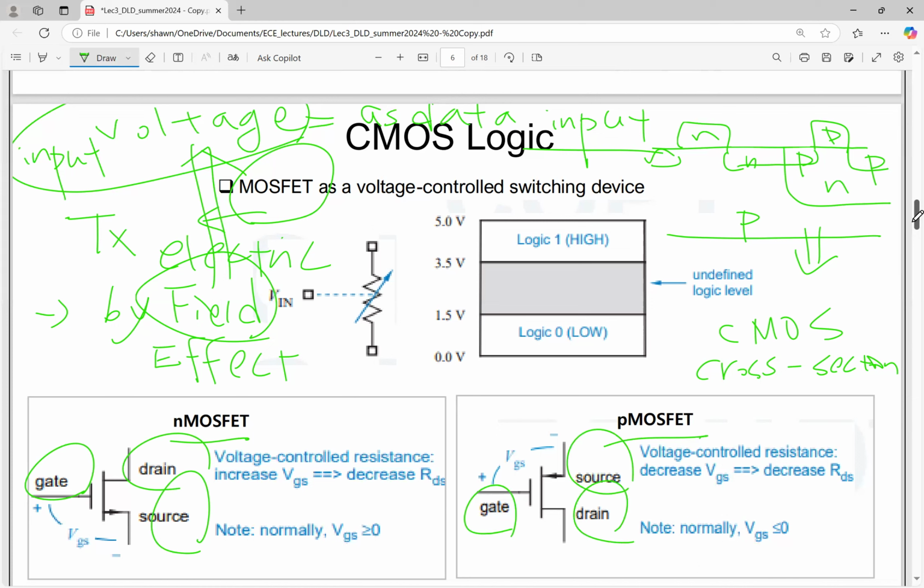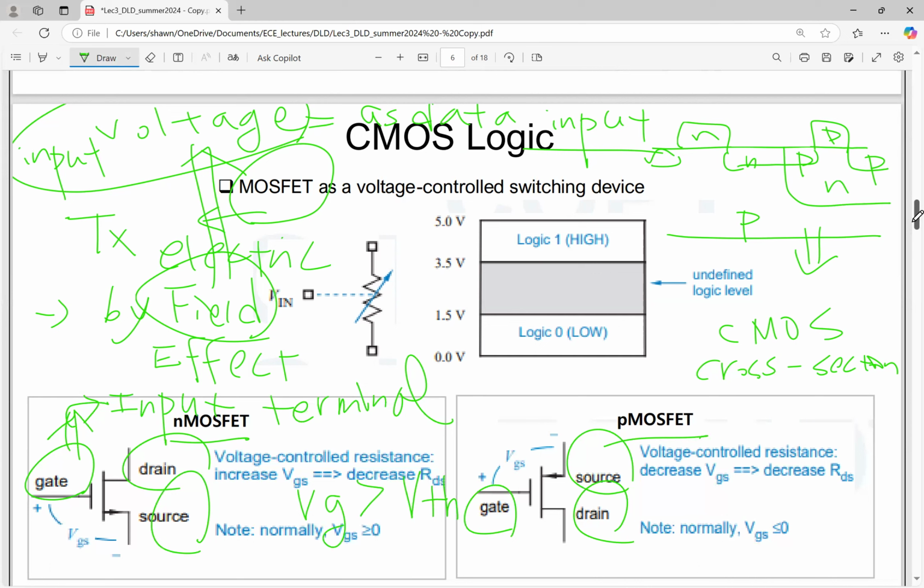The most important terminal in a MOSFET is the gate, because the gate is an input terminal. By applying the input voltage to the gate, we can turn on the transistor if the gate voltage is greater than the threshold voltage.